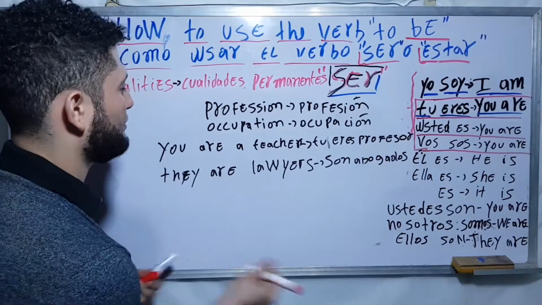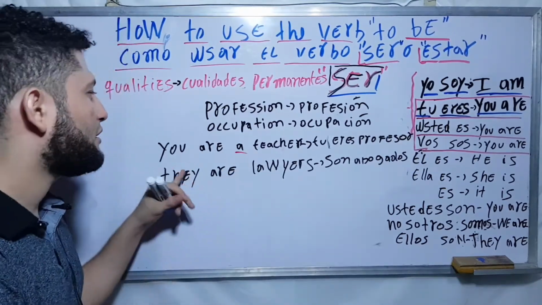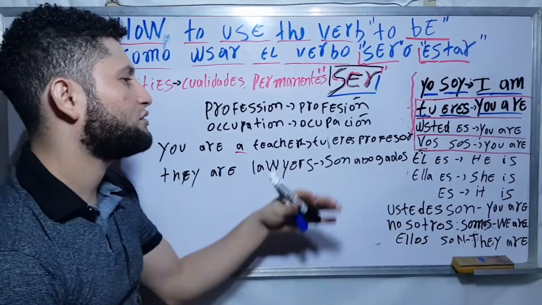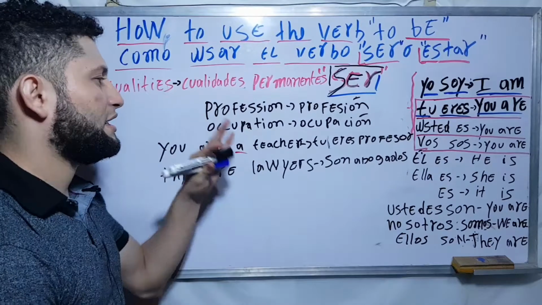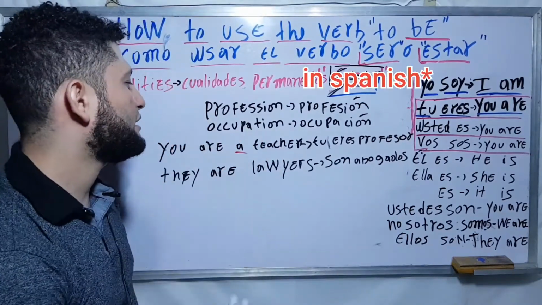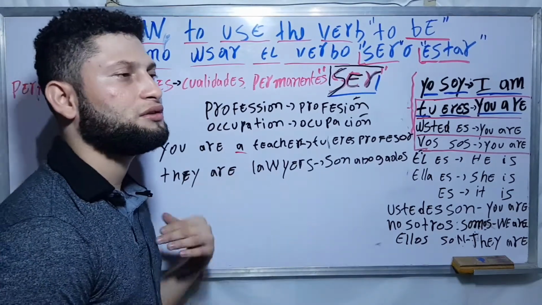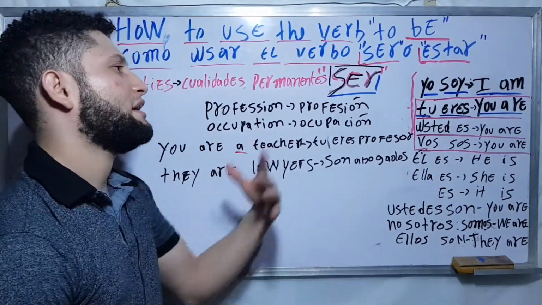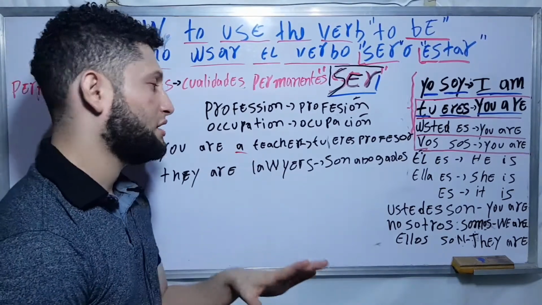In this part right here, you need to say you are a teacher, you are a doctor, you are a lawyer, you are a veterinary. But in English it's not like this. You imagine that you will say you are teacher, you are lawyer, you are doctor, you are veterinary, and so on. You don't need to say it.